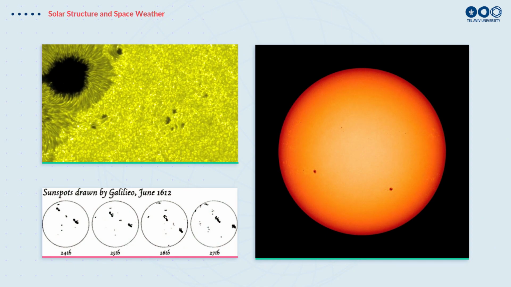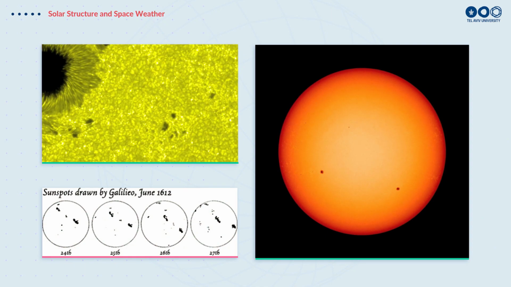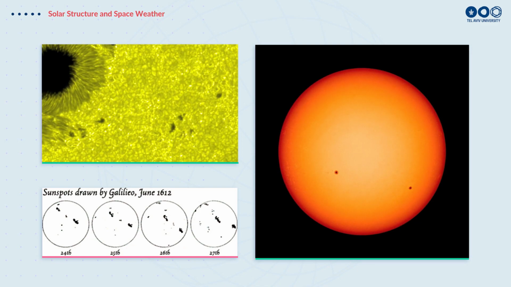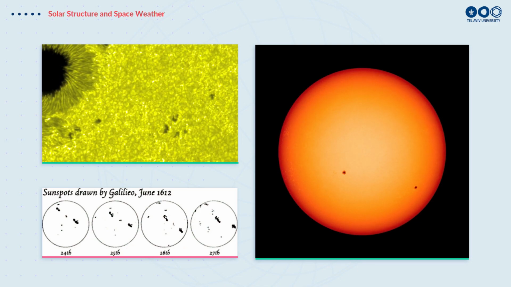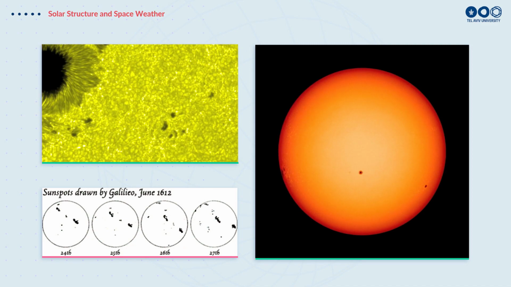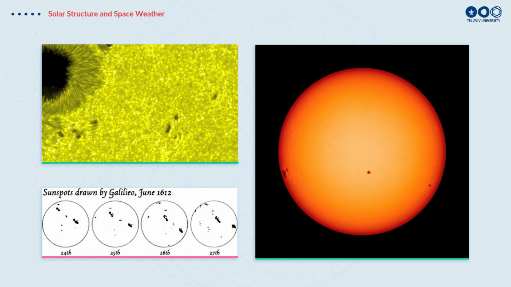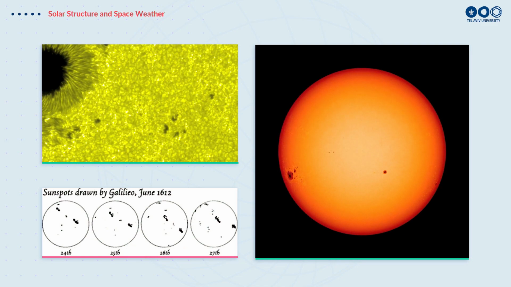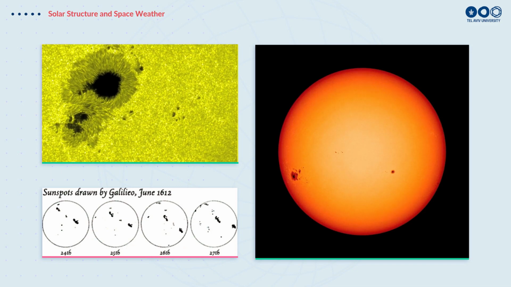In fact, here you can see, first of all, at the bottom left, pictures which were drawn by Galileo in 1612. You can see these 4 different images for the 24th of June, 25th, 26th, 27th, where the black areas on the disk of the sun represent the sunspots that he saw on those days.